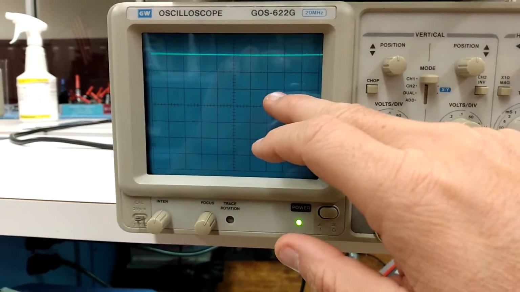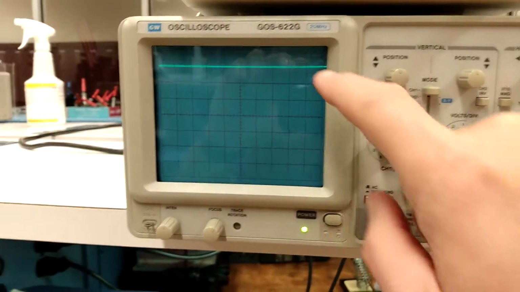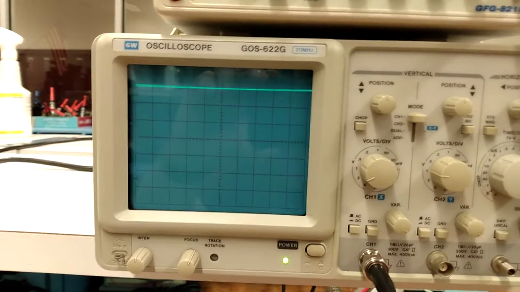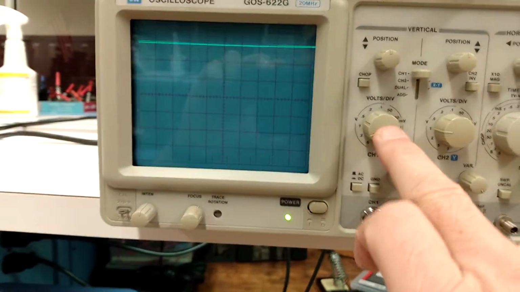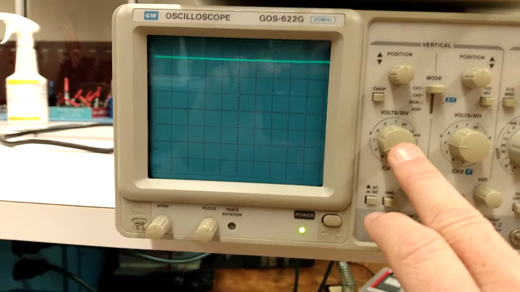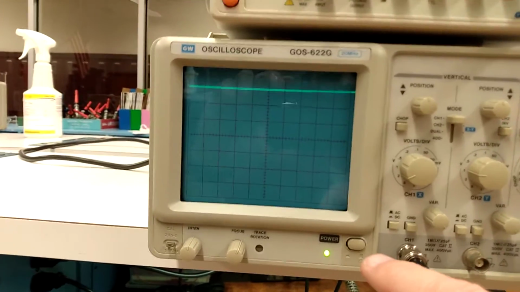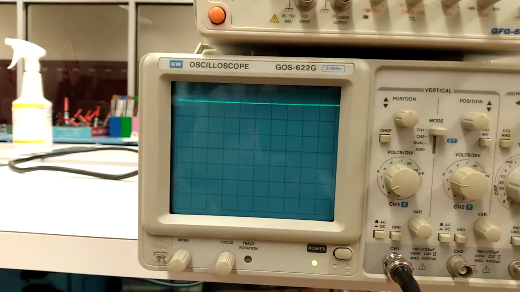So at 3 divisions, 1, 2, 3, times 2 volts, we see that we have a 6 volt signal coming across the screen there. So again, 3 squares times your volts to the division, that's 2. So we have 6 volts, and that does match up. Notice that the DC signal on the oscilloscope appears as a straight line.